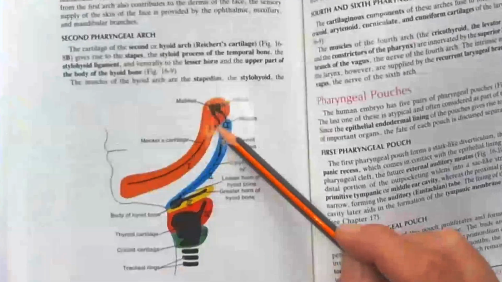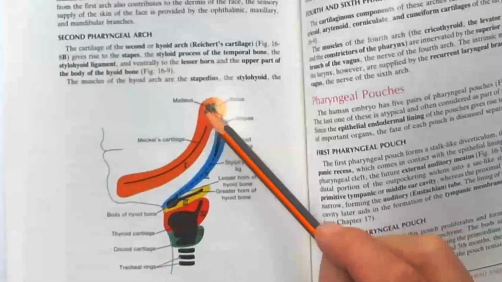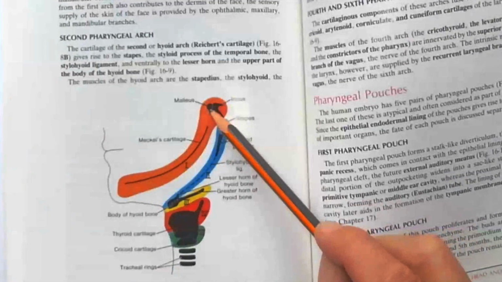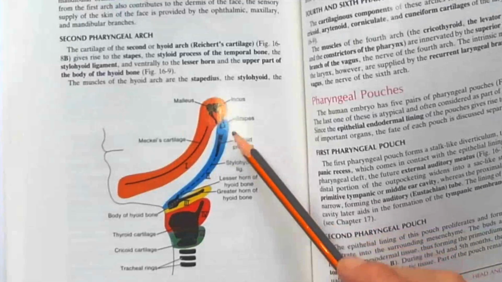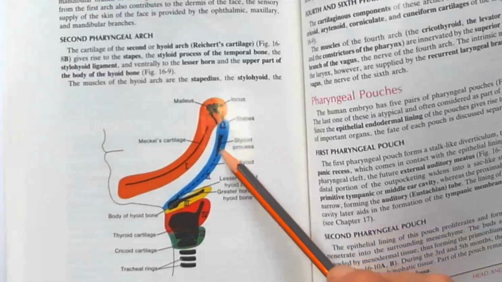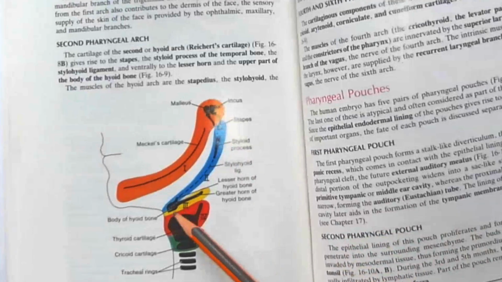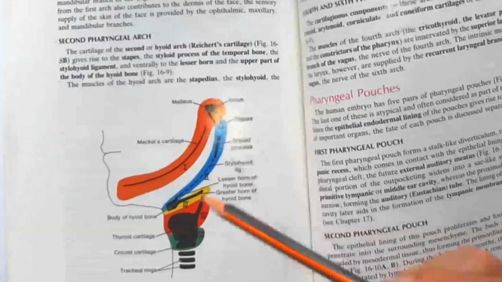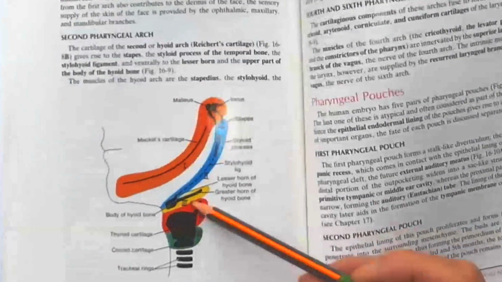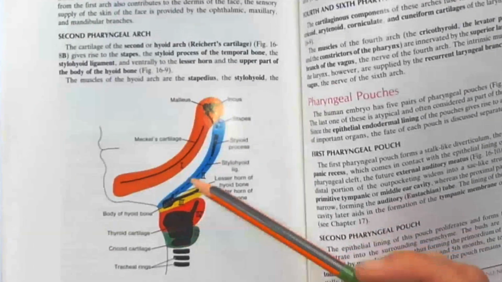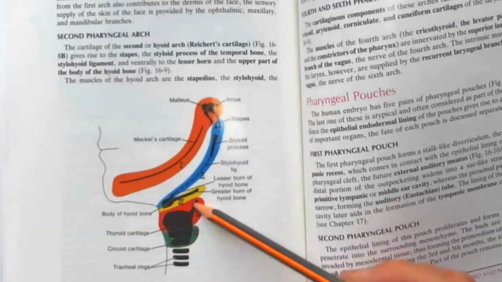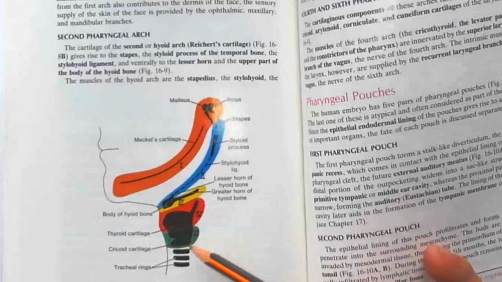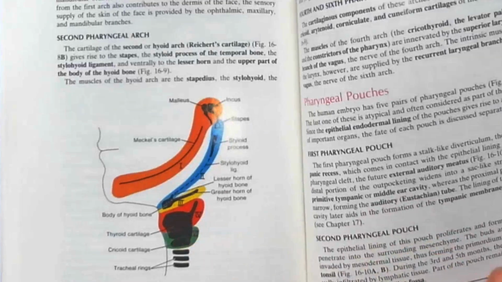Revising, the first one gives rise to the malleus and incus. The second one, hyoid, the stapes, styloid process, stylohyoid ligament. Then we see number 3, the hyoid bone with the greater wing, lesser wing, etc. And then the following give rise to the cartilages of the larynx and the trachea.